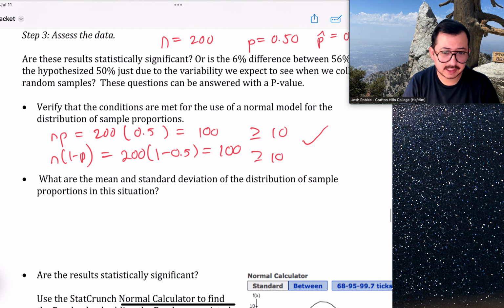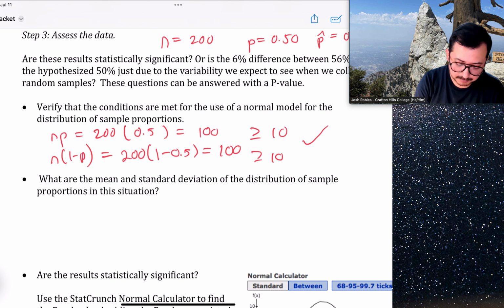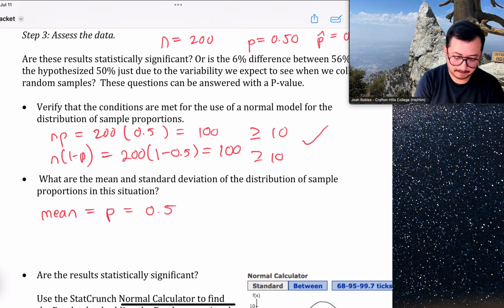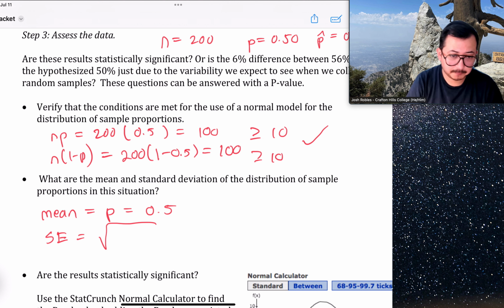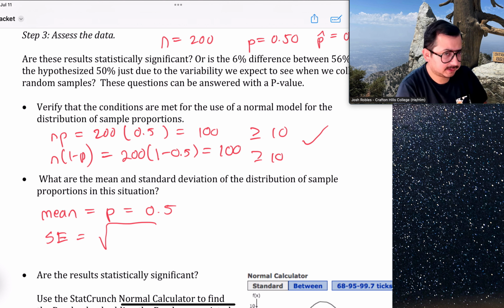What are the mean and standard deviation of the distribution of sample proportions? For module 17, that sampling proportion idea, the mean is just going to be p, 50%. And the standard deviation is the standard error, and so that's the square root. Unlike in confidence intervals, this time we have p. Most of the time in confidence intervals you don't.